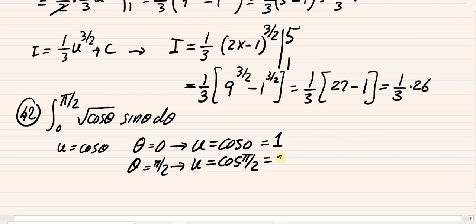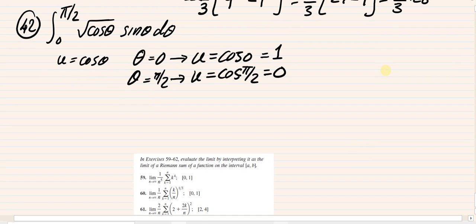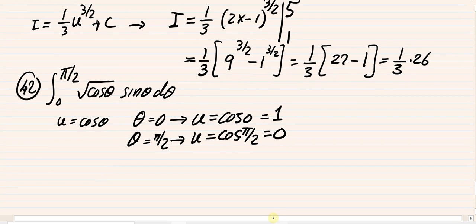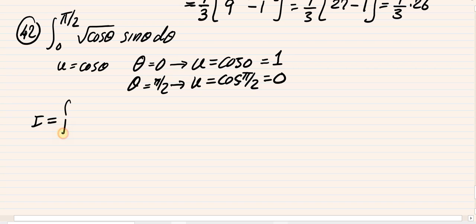Cosine of 90 degrees is 0. So this is going to equal the integral where the limits of integration now go from 1 to 0 of u to a half.